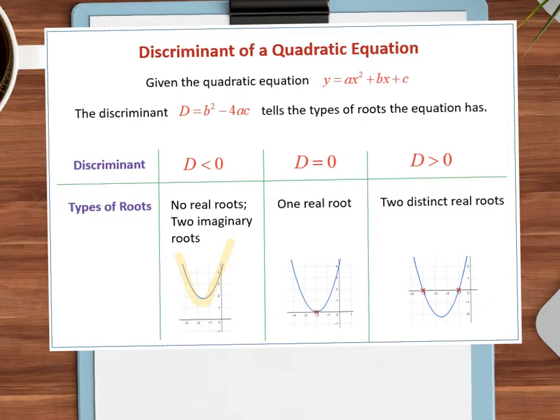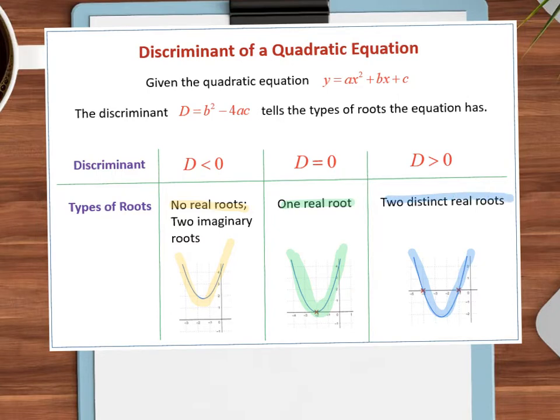So it might have no solution, or it might have 1 solution, and that means that the vertex of the parabola is landing right on the x-axis, or it might have 2. So we have 3 different answers: no real roots, 1 real root, and 2 distinct real roots.